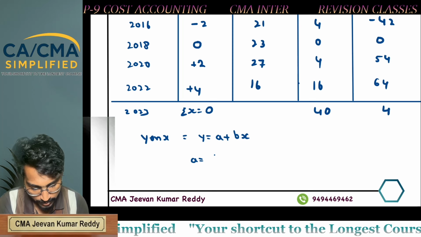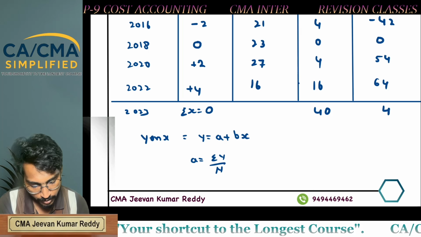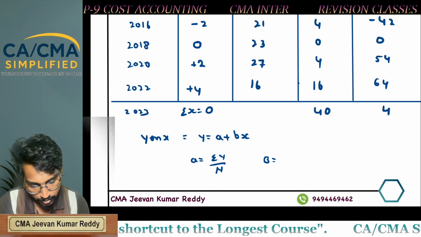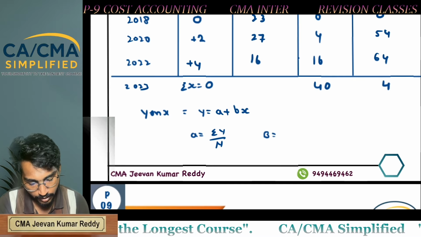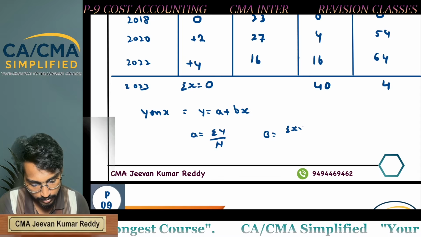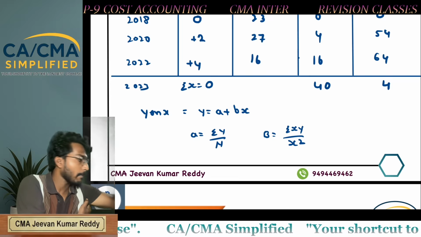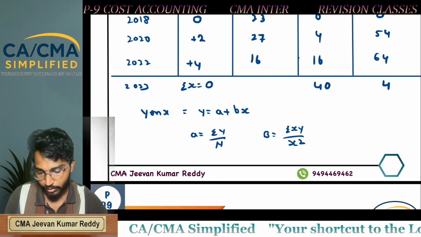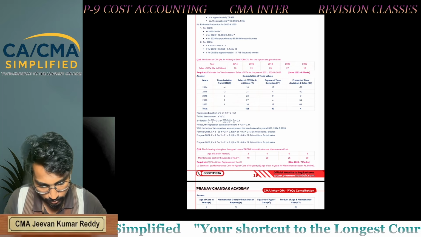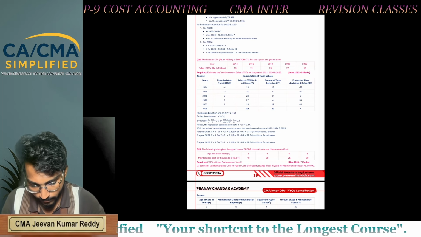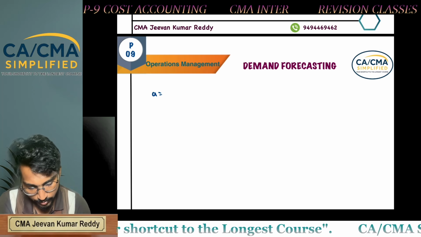Now a is equals to summation y divided by n, b is equals to summation xy divided by summation x square. Now a is equals to summation y divided by n.